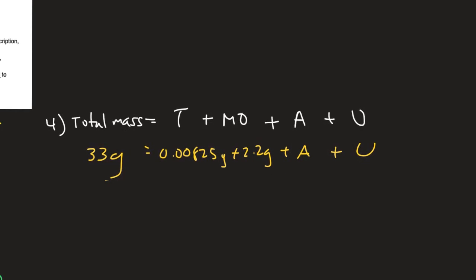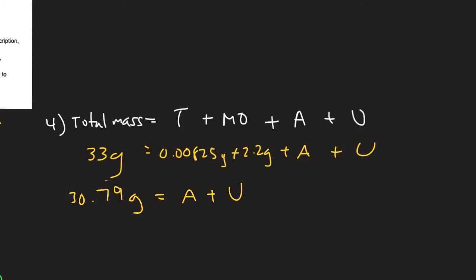So, we'll simplify this. 33 minus 0.00825 minus 2.2 gives you 30.79 grams equals A plus U. And we know QSAA means of each.